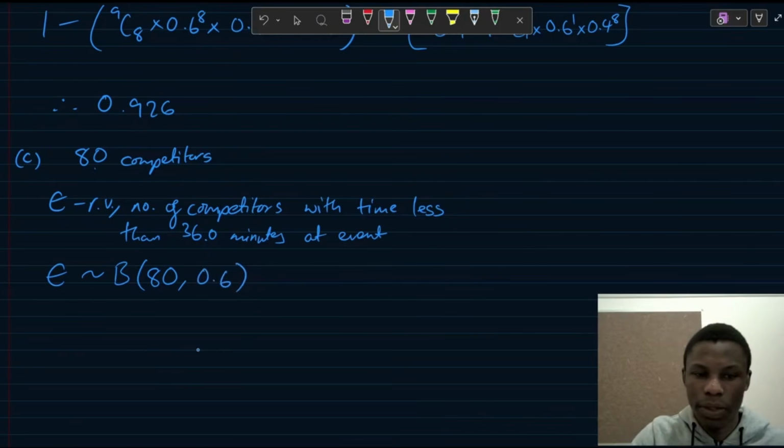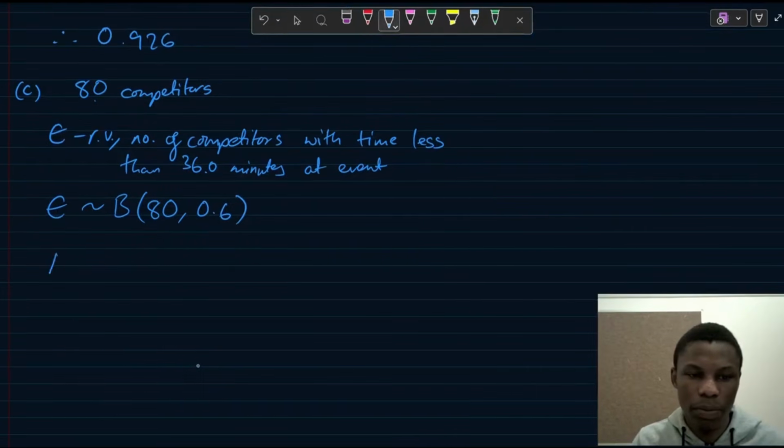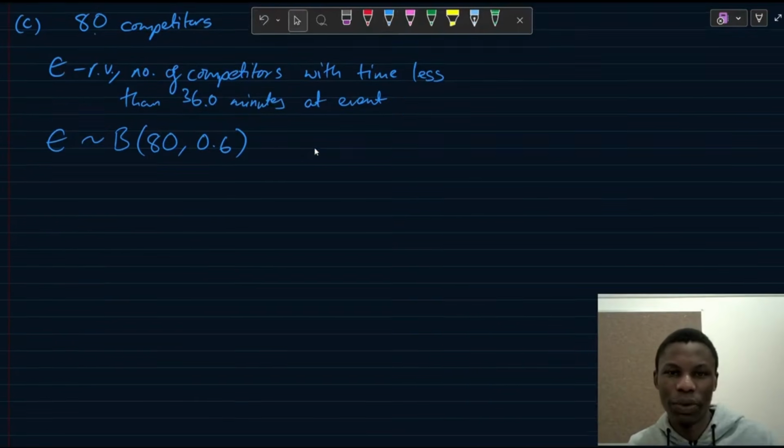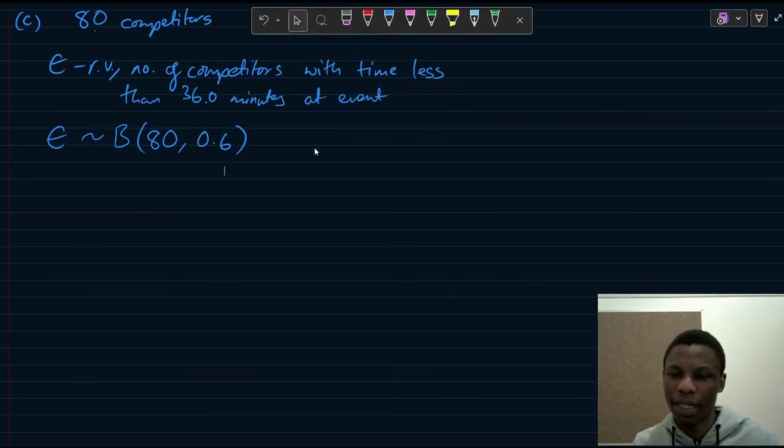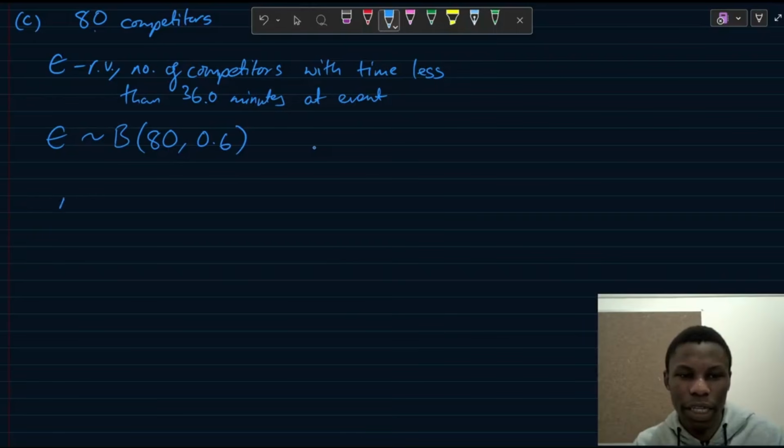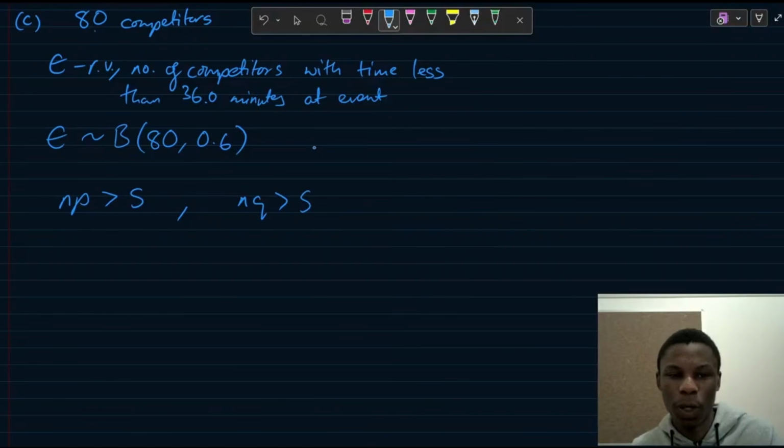Before we even get to probability, we want to use an approximation. I know the question doesn't ask you to justify the use of the approximation, but generally you want to check that np is greater than 5 and nq is greater than 5 to be able to use a normal approximation to the binomial distribution. It's always good to double check that these conditions are met, even though at AS level, if they ask for an approximation, this is the one you will use.